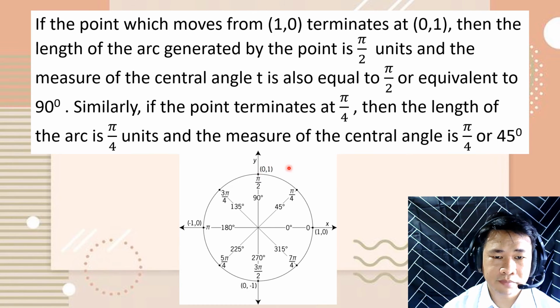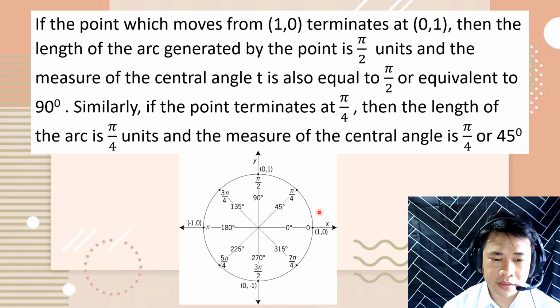Similarly, if the point terminates at pi over 4, then the length of the arc is pi over 4 units, and the measure of the central angle is pi over 4, or 45 degrees.